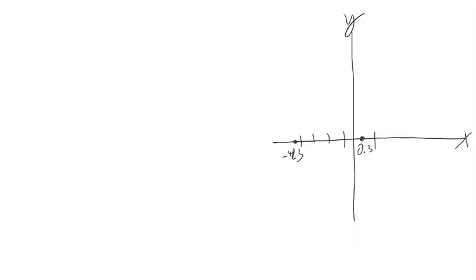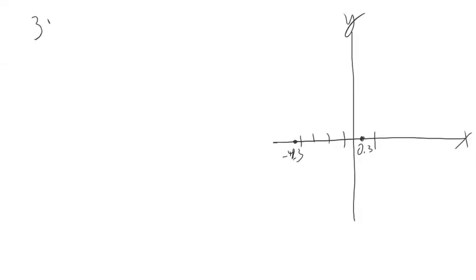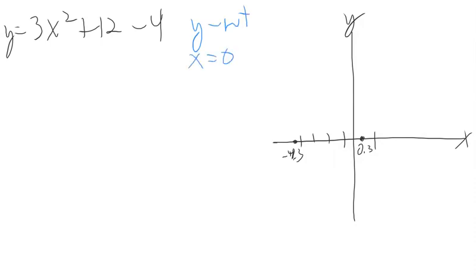So now I go back. y equals 3x squared plus 12x minus 4. To find where it crosses the y-axis, the y-intercept, I am going to let x equal 0.